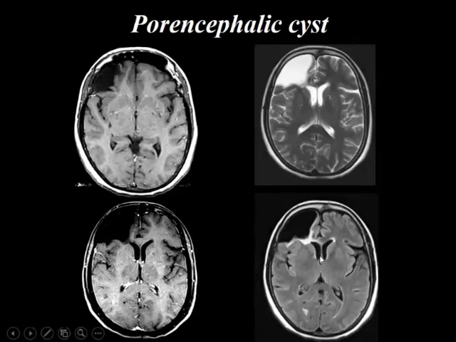The CSF is suppressed here, but you start seeing a hyperintense line along the cyst, which tells you this is gliosis. So whenever there is a cavity containing CSF marginated by a gliotic area, it is a porencephalic cyst. Though it looks like arachnoid, FLAIR sequence differentiates the two.